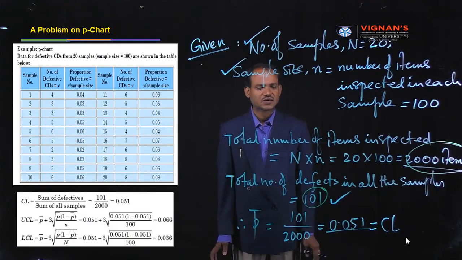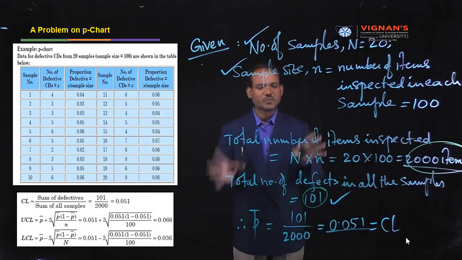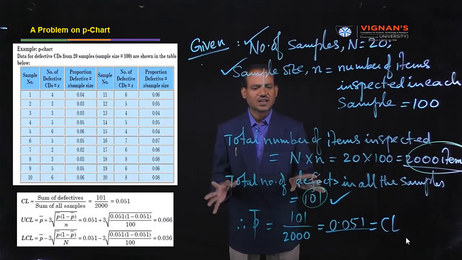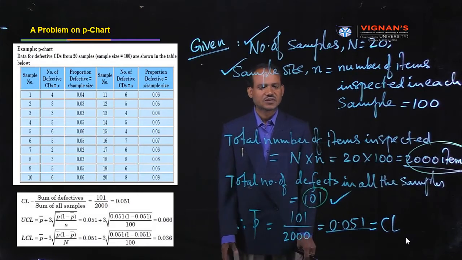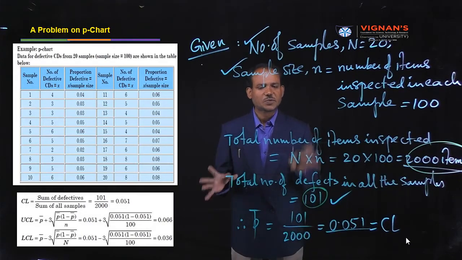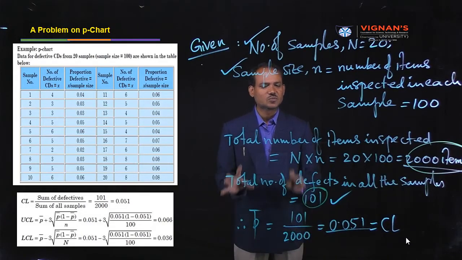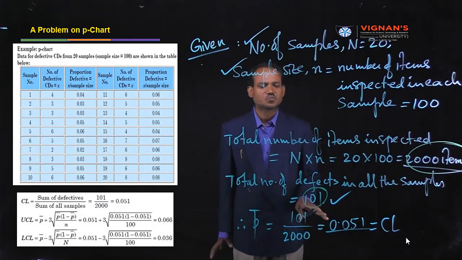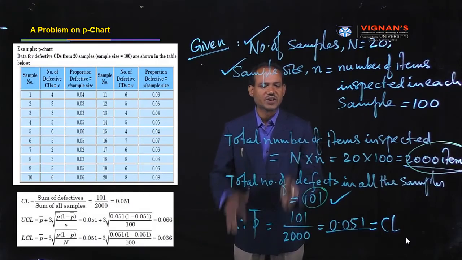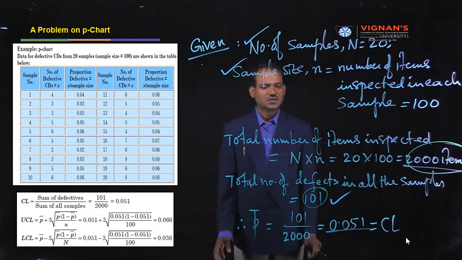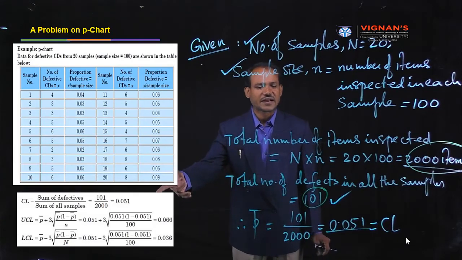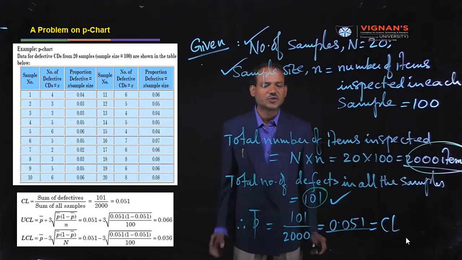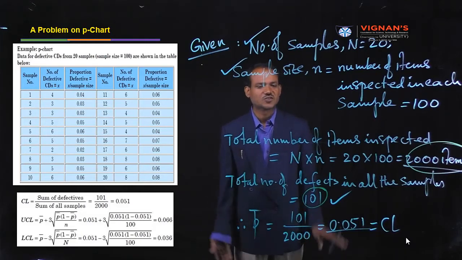Okay. Next. What is the next step? We know the formulas UCL, LCL. UCL is equal to P bar plus 3 into square root of P into 1 minus P divided by small m. In the given LCL, capital M is there, that is wrong. You can correct it. Small m, sample size.